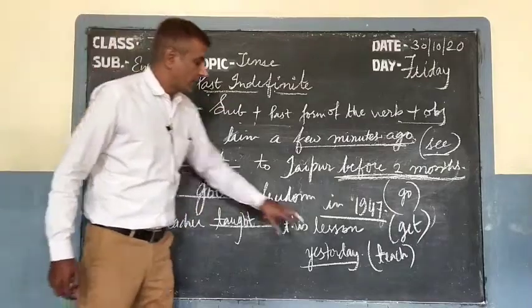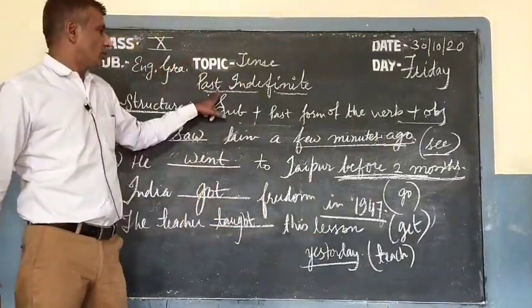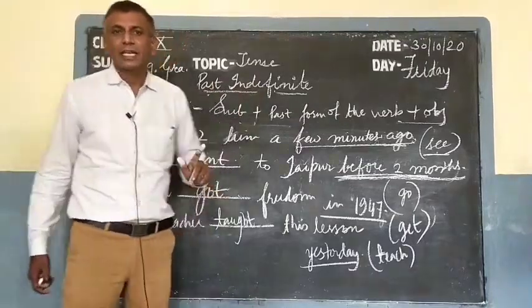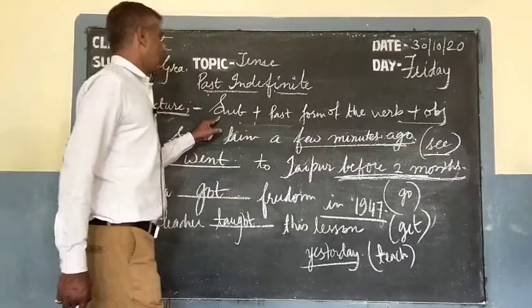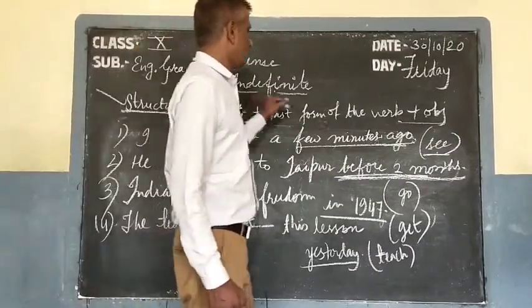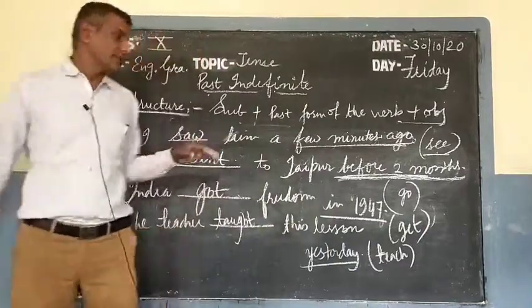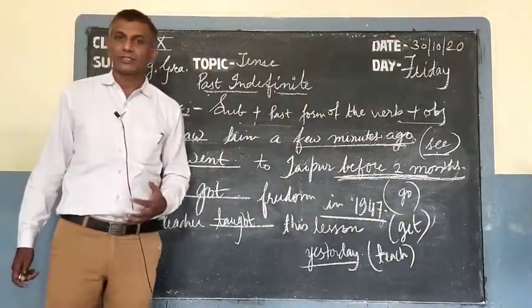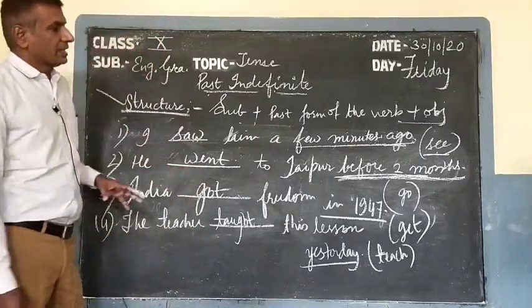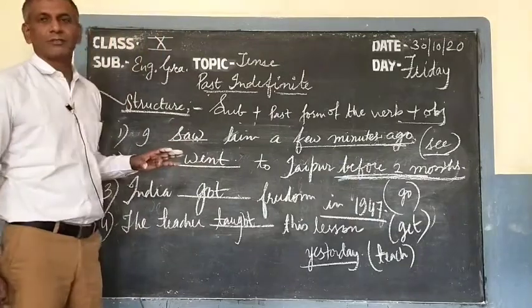Then when you identify the tense, you know that this is past indefinite tense, so we fill the past indefinite structure. According to past indefinite structure, we will fill the past form of the verb, and this way we will complete these fill-ups in the examinations. So these are very easy marks. If you pay a little attention, easily you can fill them.